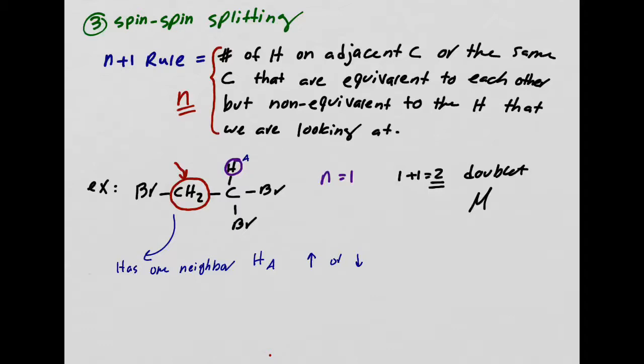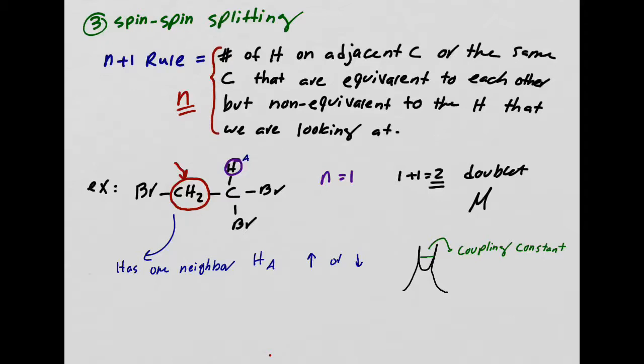Now, when you have a doublet, let me draw a little bit nicer one. So I'm going to have a doublet. The distance between these two matters. We call that a coupling constant.